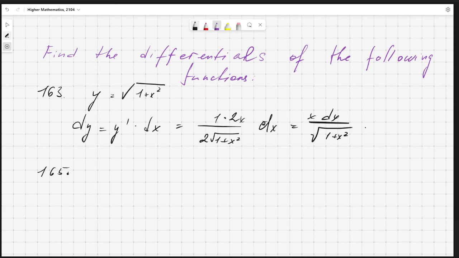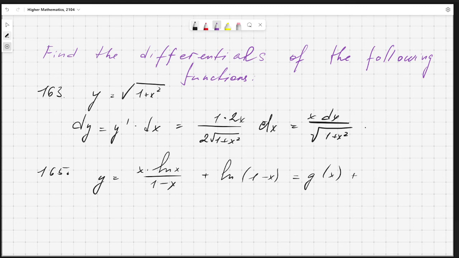Problem 165: y is x times the natural logarithm of x over 1 minus x, plus the natural logarithm of 1 minus x. I find it as g of x plus u of x, where g of x equals x times the natural logarithm of x over 1 minus x.